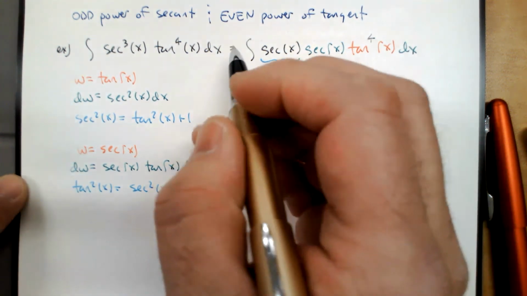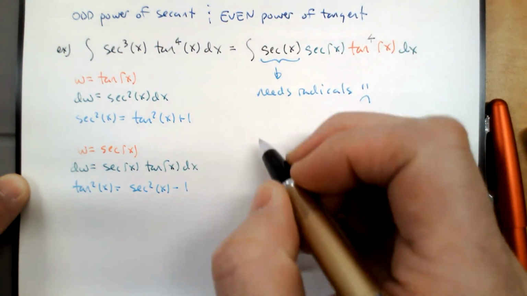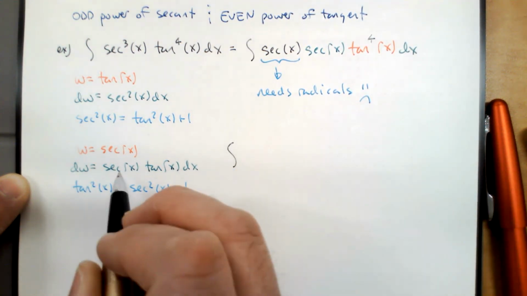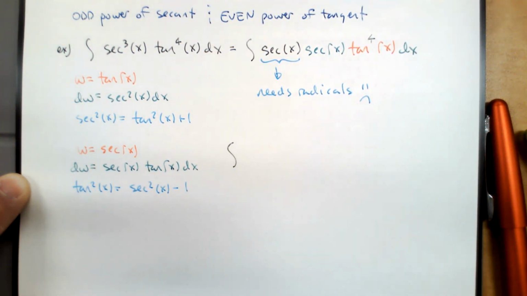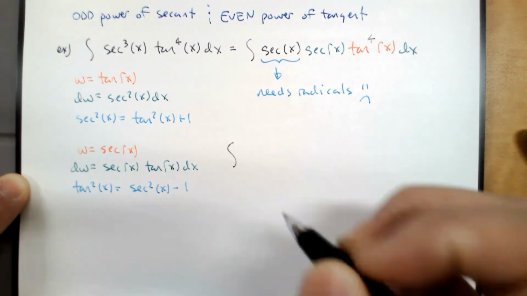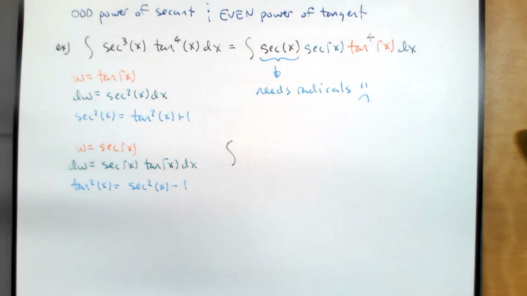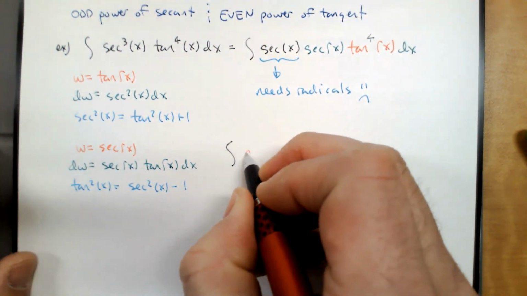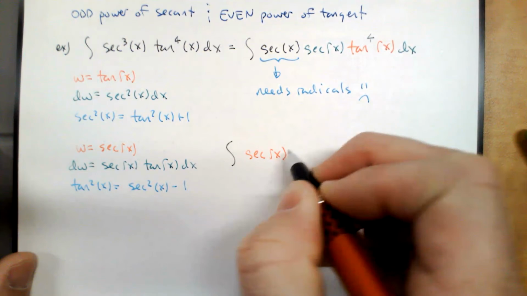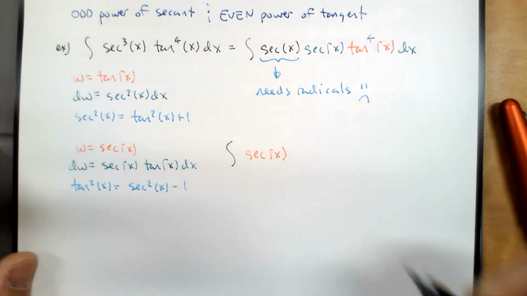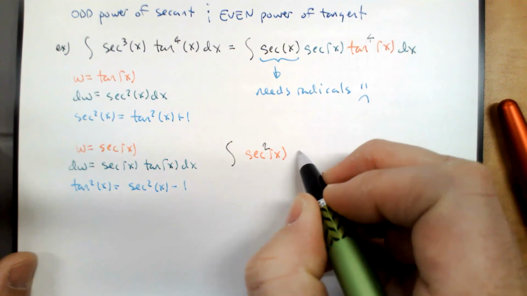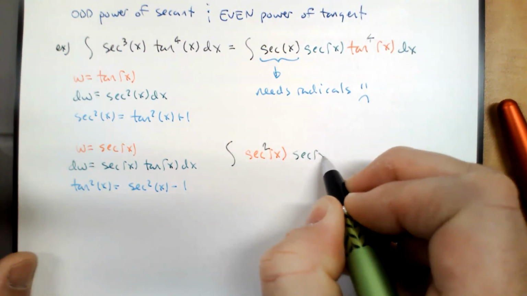But then when we try to break apart this integral, I need a secant and a tangent to be the dX. So I'm going to keep 2 of these secants because I've got to separate 1 to be the dW.